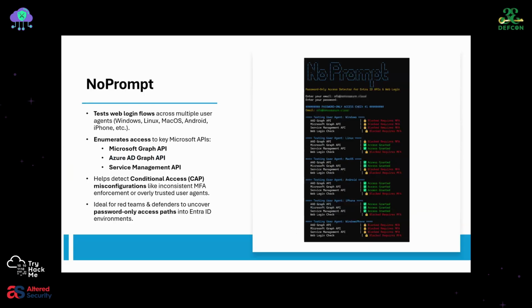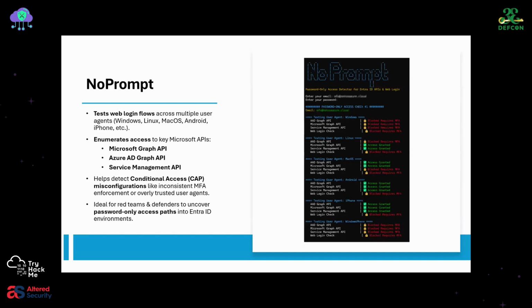So that's how it looks. If you see in the results, we have the user agents. There are 6 user agents in Azure while defining the conditional access policy. We have listed those, and the results will tell you whether the key APIs are accessible from these user agents via single factor access or not.